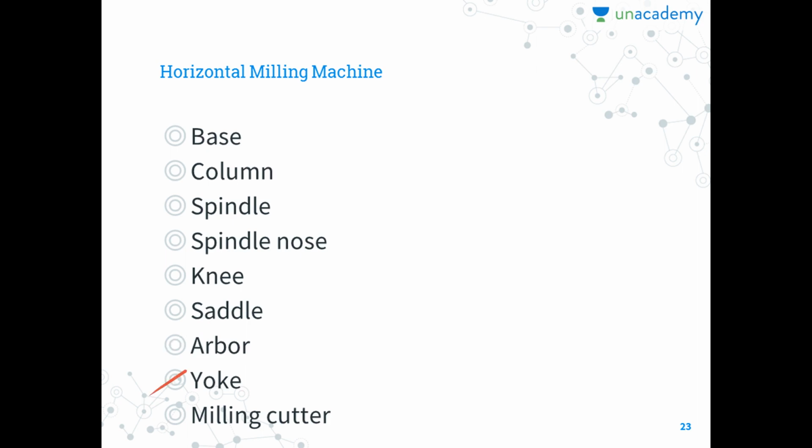One end of the arbor is tapered so as to fit in the spindle nose. The milling cutter is mounted on this arbor. It is provided with spacers. The spacers help in adjusting the cutter positions.